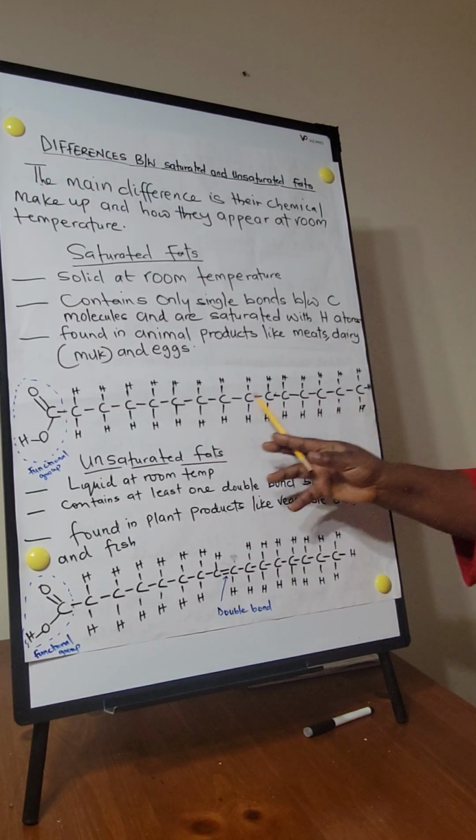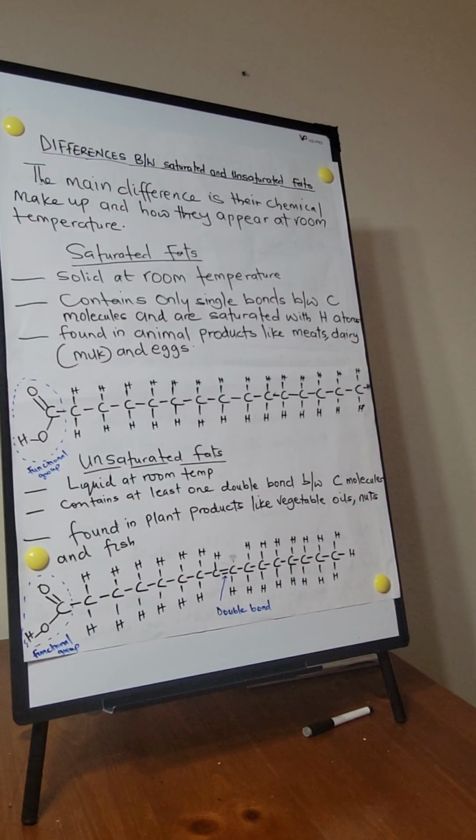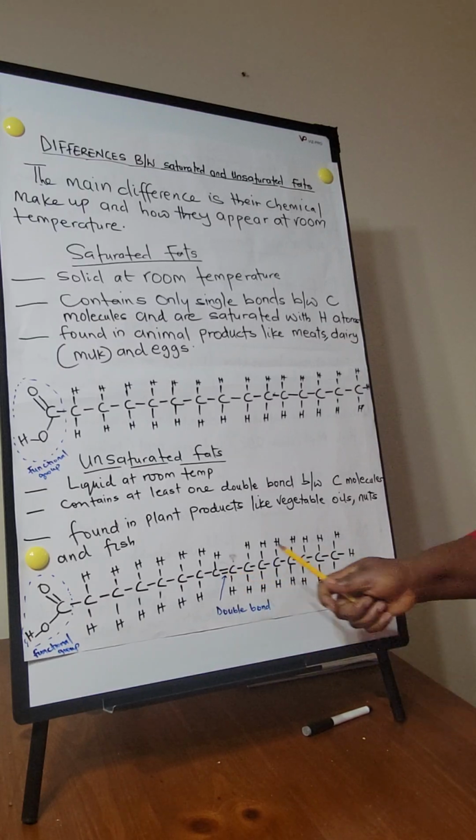You look at this one, because it's made up of single bonds, it's very stable. You can't bend it. That's why if you eat fat, in your body the fat will remain like that. It is stable. But unsaturated fat, because of this double bond, it can kink, it can bend.